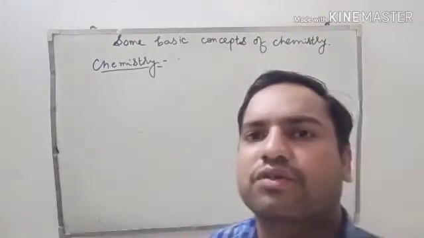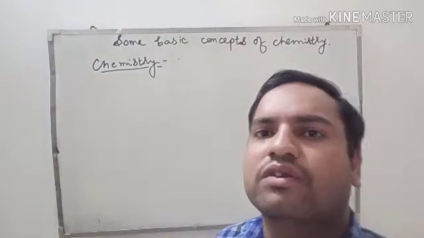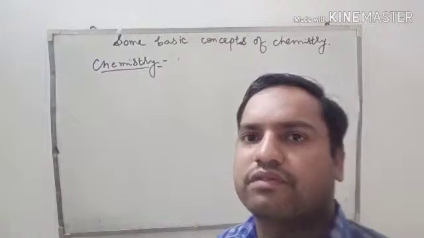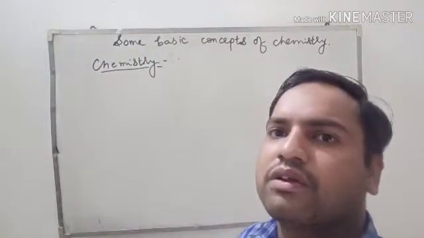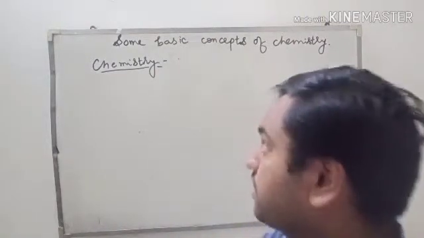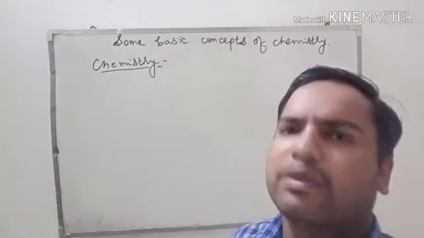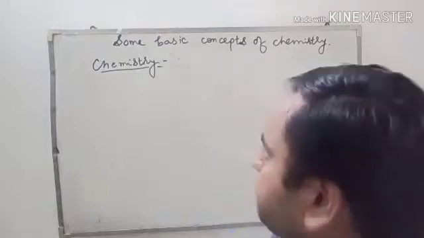What is the chemical composition? What is the constituent of a particular matter? What are the different structures of it? Molecular structure, atomic structure, like that, and other different properties. Mainly we will consider chemical properties.